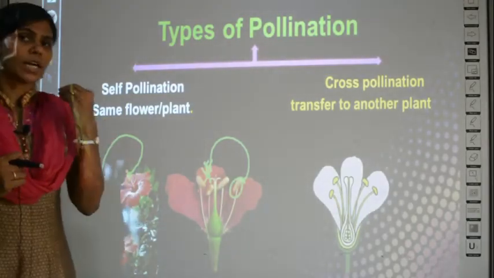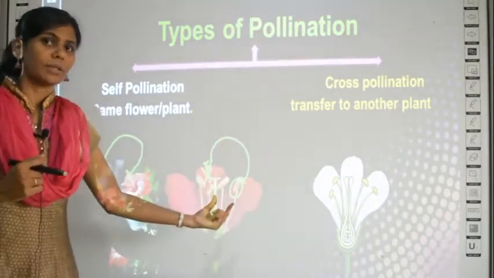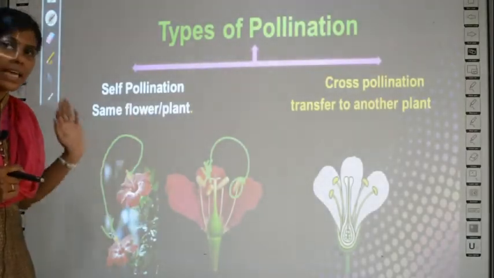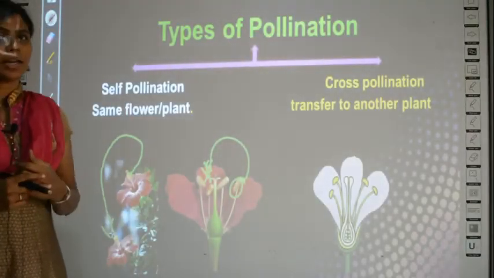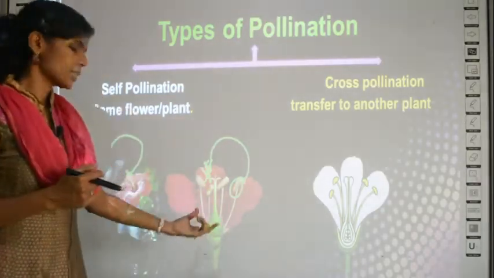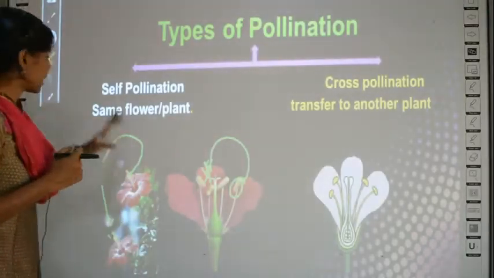So if there is transfer of pollen to the stigma within the same flower, or within the flowers of the same plant, then it is called self-pollination. Then what is cross-pollination? This is, say for example, this is from one plant.